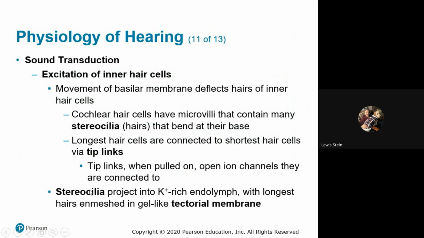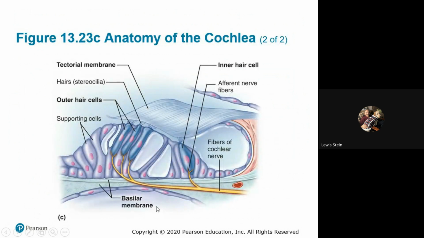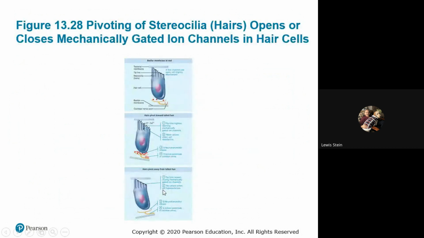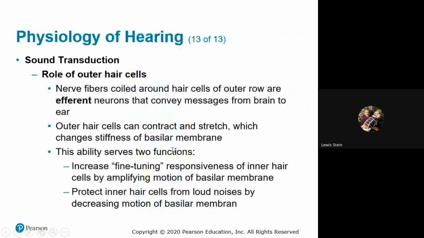Effectively, what happens is these hairs are enmeshed in the tectorial membrane, and when they move, the bending causes potassium and calcium to trigger the release of the neurotransmitter, which typically is glutamate. So there's depolarization and hyperpolarization, depending, and we'll look at this in the physiology aspect of it.